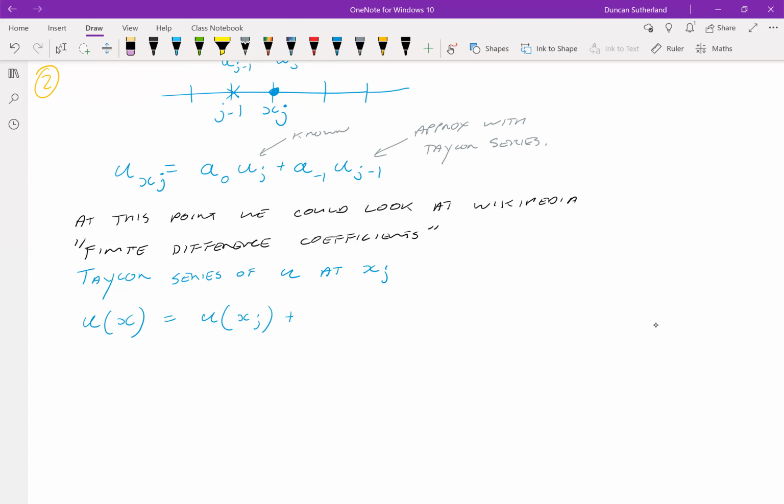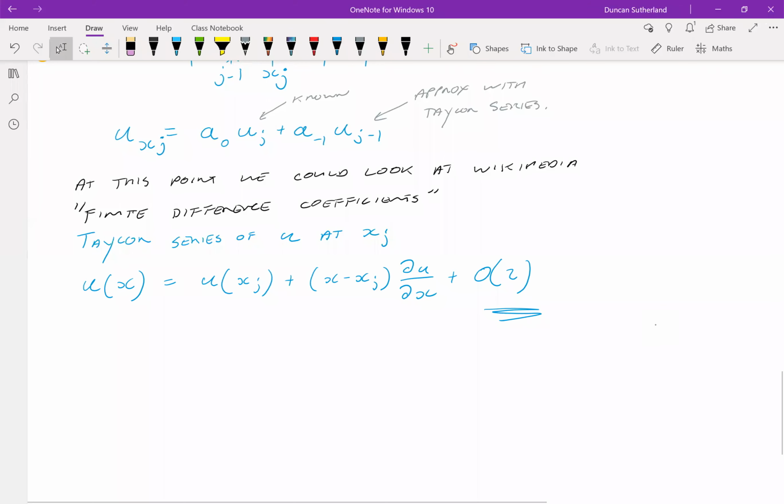Getting a step ahead of myself. Right, and I'm going to guess that because I've got a first order method, I'm only going to have to go this far. I'm not going to have to balance any second derivatives.